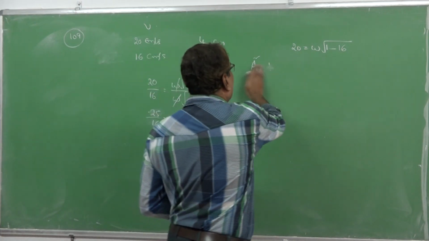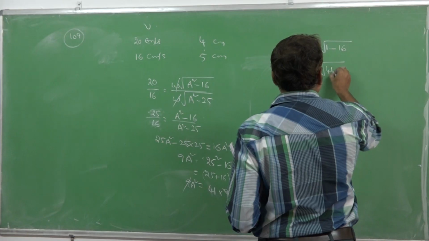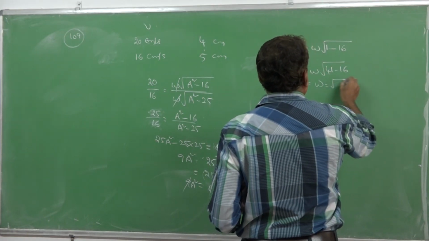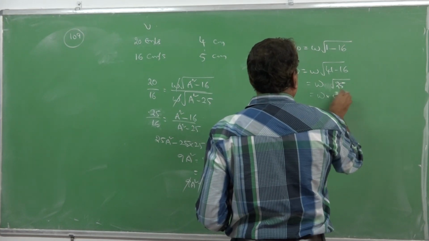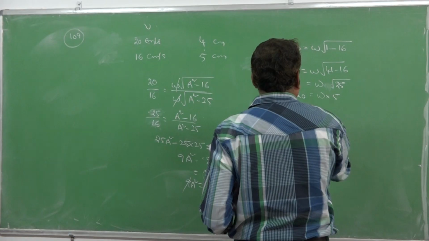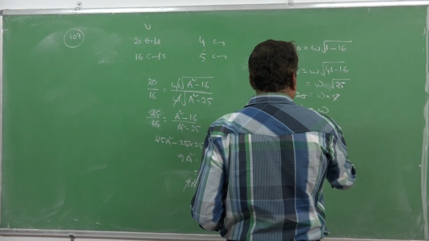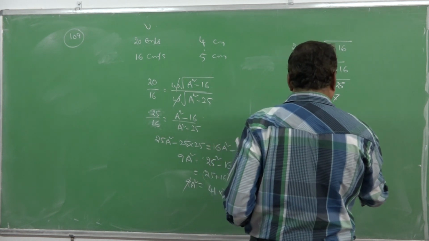Now substituting here, 20 is equal to omega into square root of 41 minus 16. That is omega is equal to square root of 25, that is omega into 5. So omega is 4. So 2 pi by T is 4, means T is equal to pi by 2.